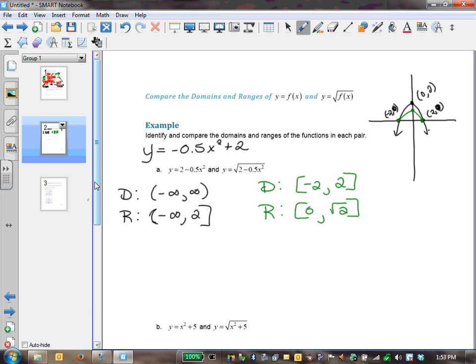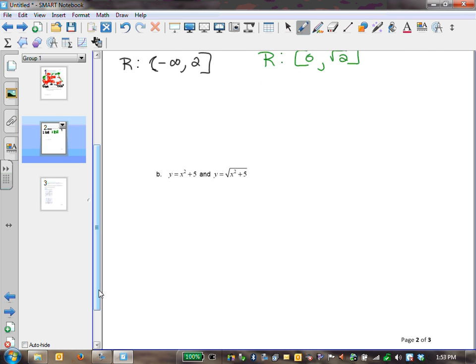Okay. So, let's see if you guys can do this one. What am I going to have? First graph. It opens up. It starts at 5 on the y. So here, we know that this is 0, 5.